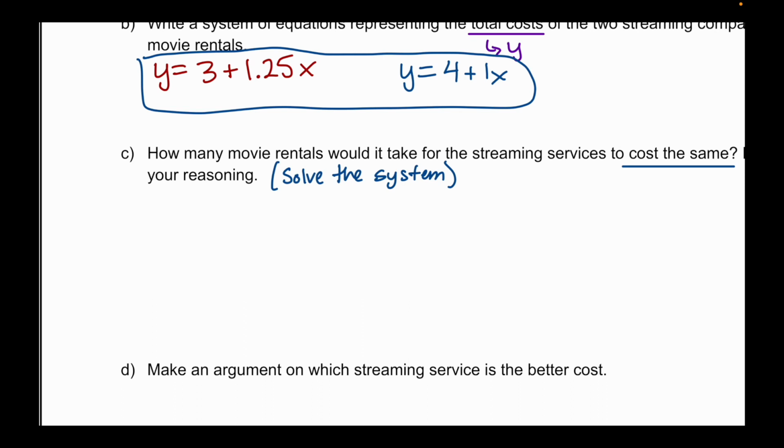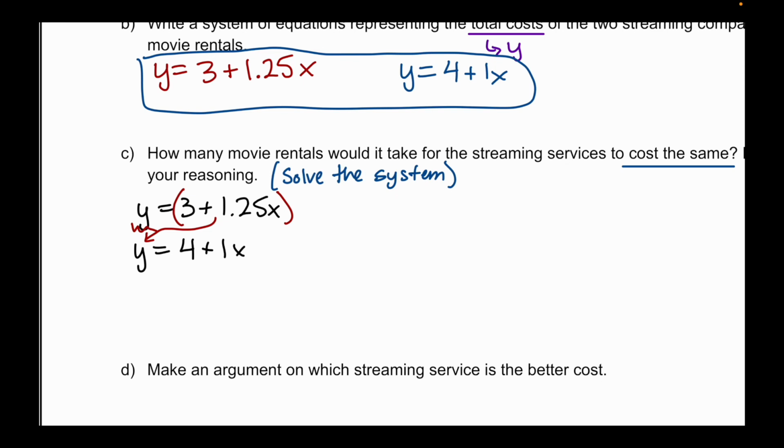So I'll write both of these in black first. y equals 3 plus 1.25x, and y equals 4 plus 1x. Showing in red, for this y, I'm going to say it's equal to this here. We're going to plug that in for the y on the other side.